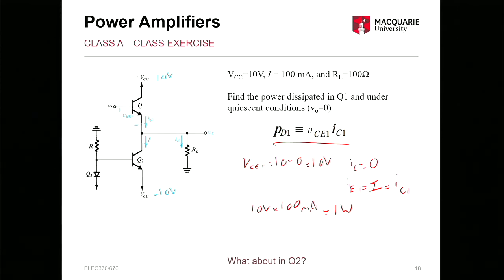Well, it's going to be the same result. It's going to be negative and the current's going to be going the other direction, so it's still going to equal 1 watt. And it's a constant current of I by definition in Q2 anyway. So you have the same power dissipated in this example in both Q1 and Q2. So your total power dissipation will be 2 watts across the whole system.